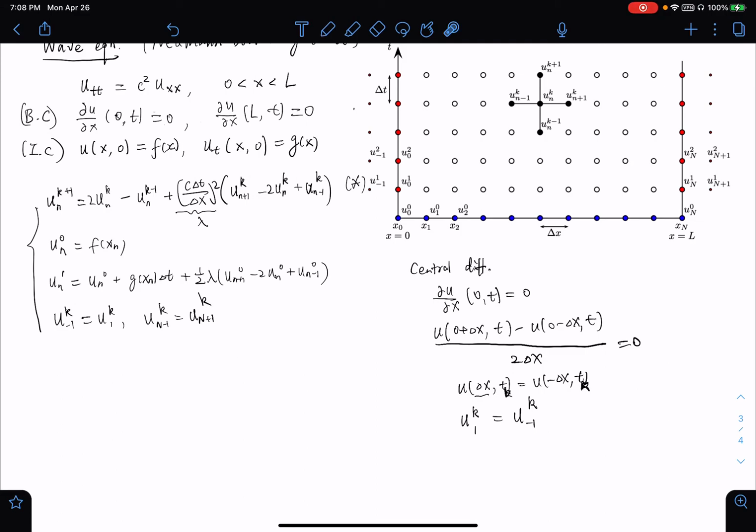So this value will be the same as this value, which will be the same as this value. In other words, once we have the first two rows and these conditions, we can determine every value, including the value on the boundary points.